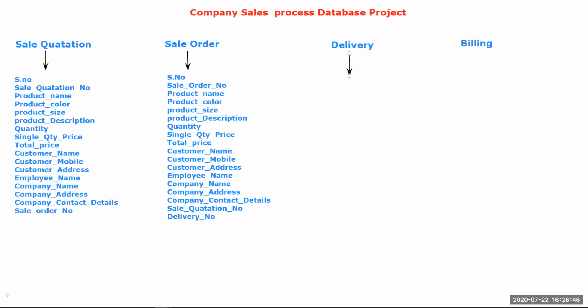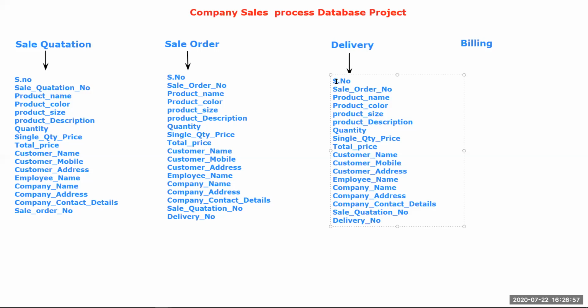So I'm going to copy some, and here, I simply copy the sale order to here. Okay. So I'm just going to edit those lines. Here we need the serial number, and here I'm going to change it to delivery number, and we need product name, product color, product size, product description, quantities.